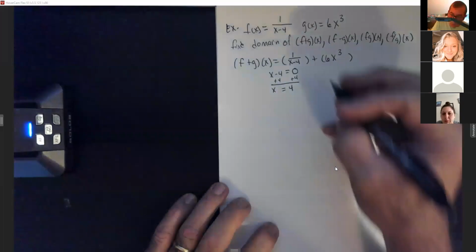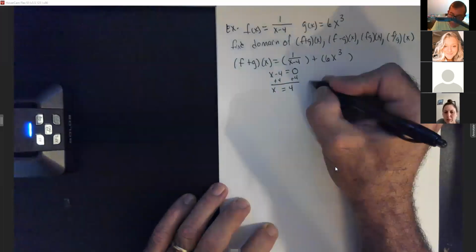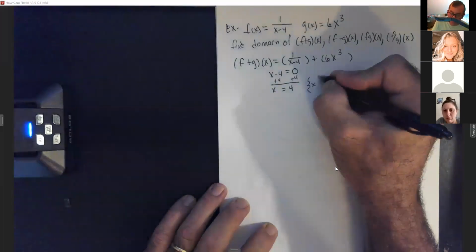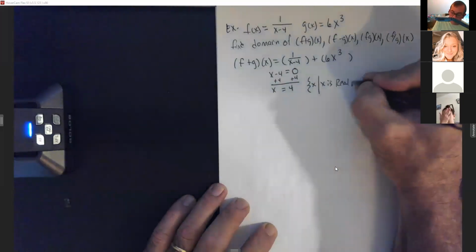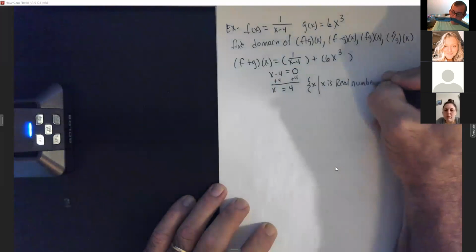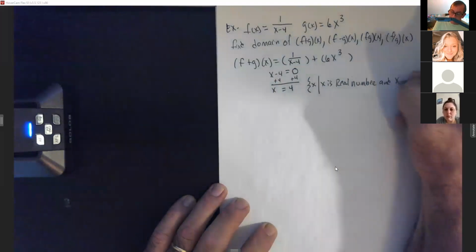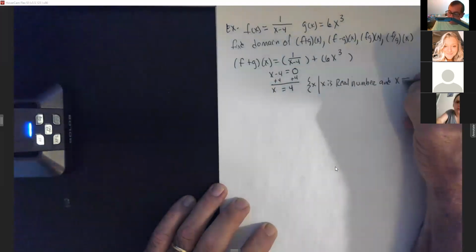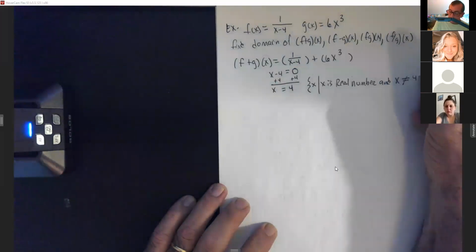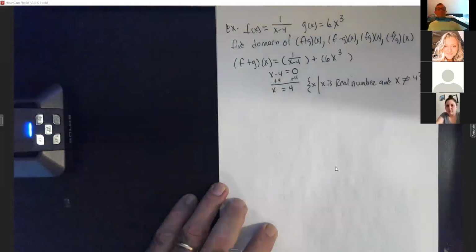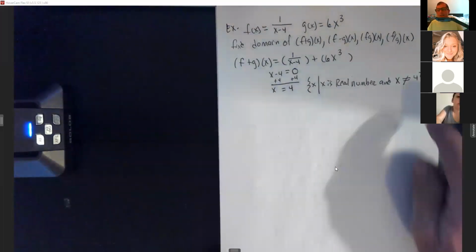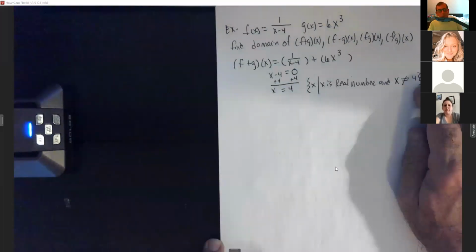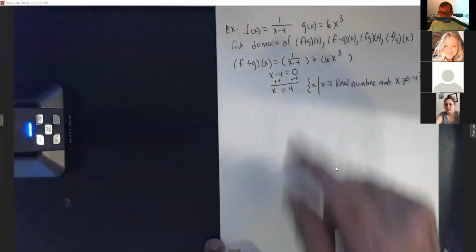So that domain will actually be x such that x is a real number and x cannot equal that 4. Okay, so that's all this domain stuff is, you're just telling me if there's any numbers that won't work when you plug them into these expressions, okay?